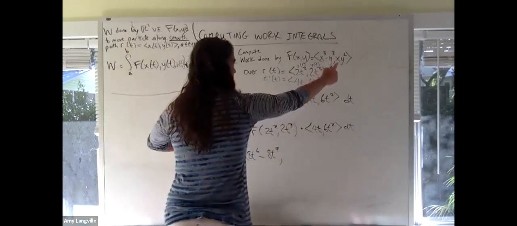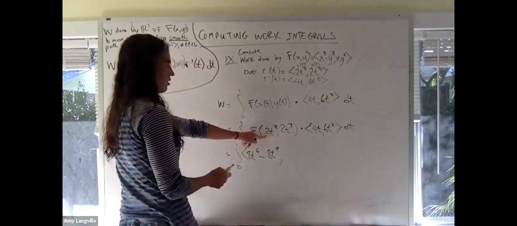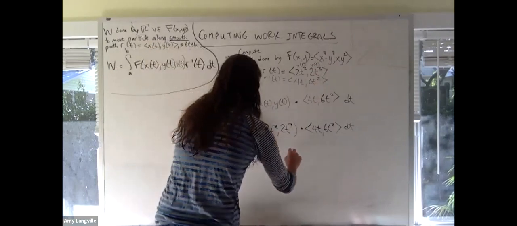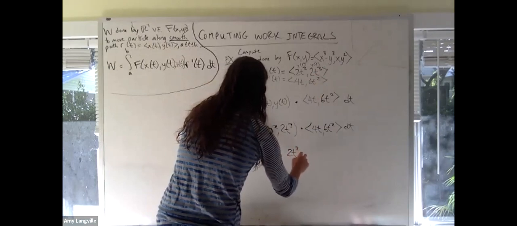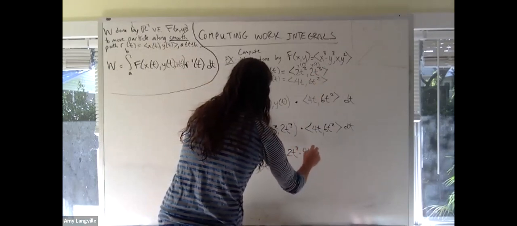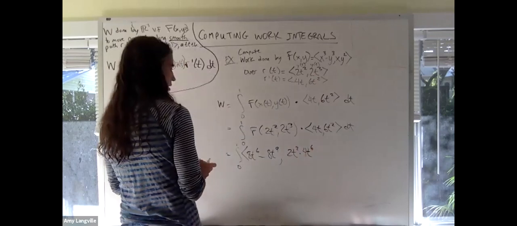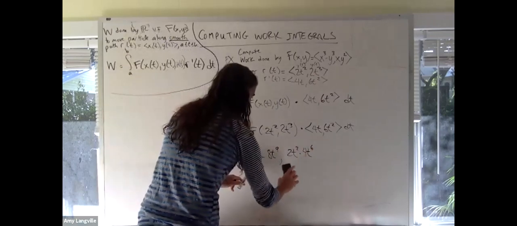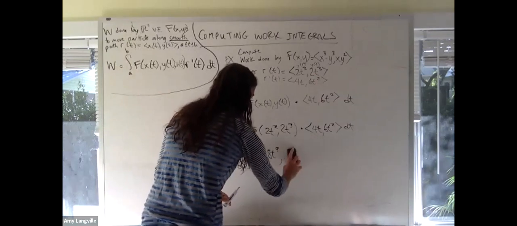And then the second component, I multiply 2t squared times this component squared. So that's 2t squared times 4t to the 6th, which is 8t to the 8th.